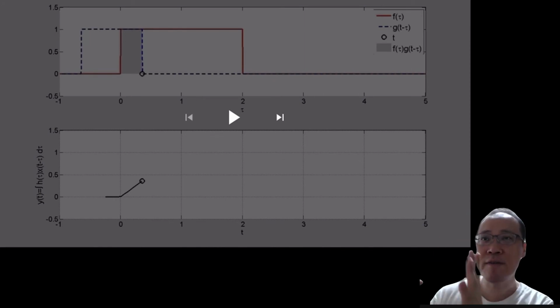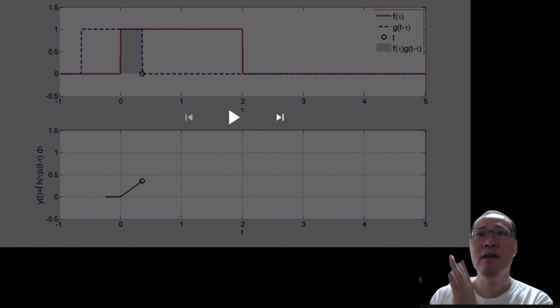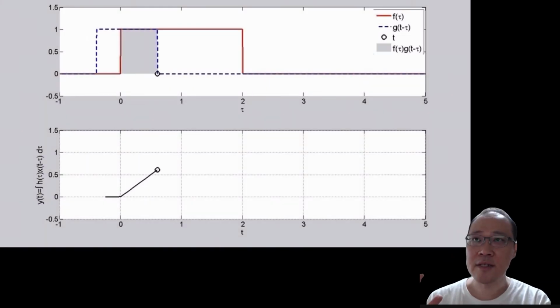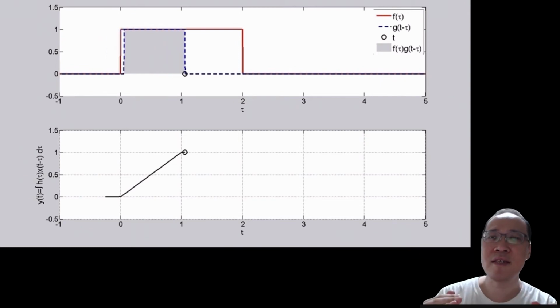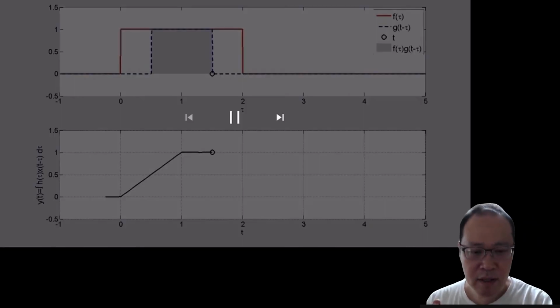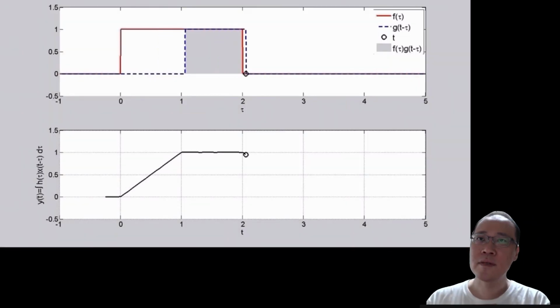When we do the right shift of the dotted rectangle, then the area increases, and that's why you can see this increases. Okay? Up to this point we get the maximum, and it stays at the same maximum value, and then we go down. Okay, that's what we can expect. Descent from the maximum, and the area goes down.